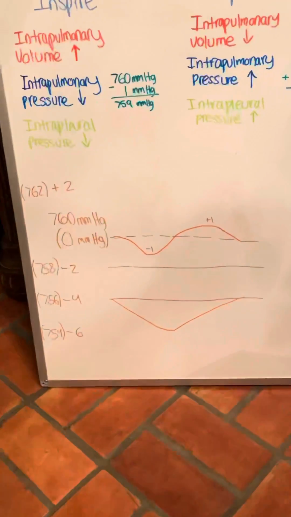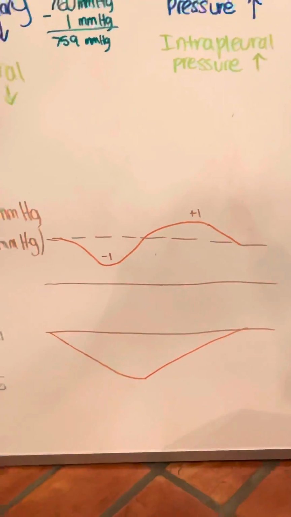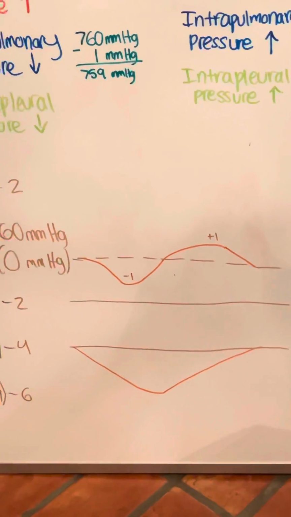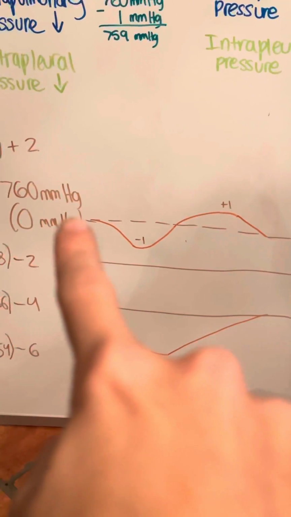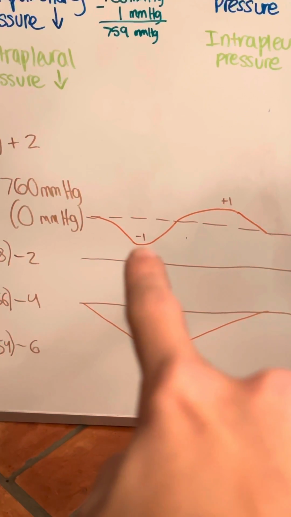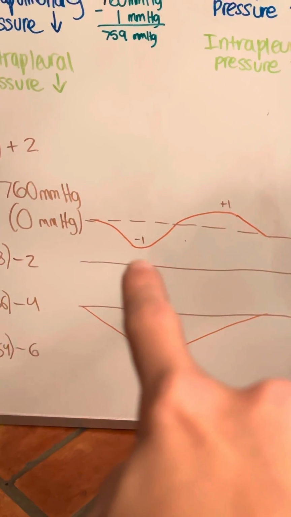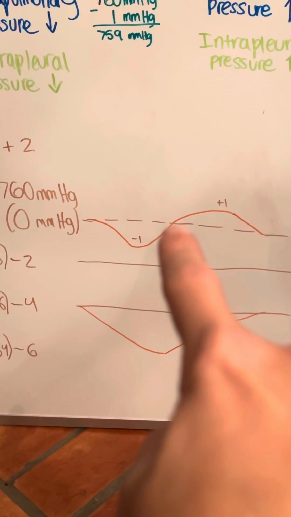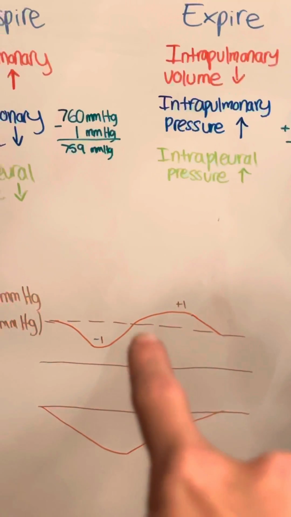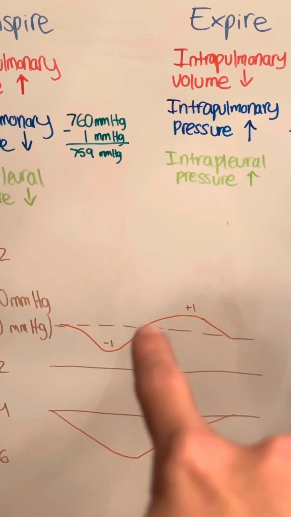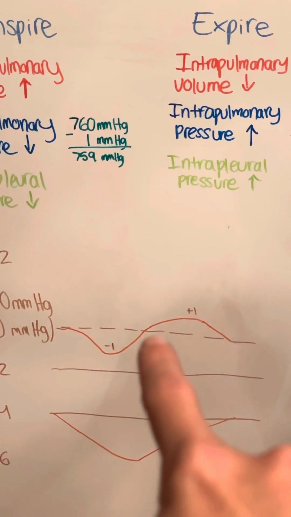Okay, so look at this line. This line right here specifically, intrapulmonary pressure. You are inspiring, okay, -1. You've hit your climax of inspiring, you're about to expire, but you get back to 0, 760, because it's an open system. We have to remain at equilibrium as constant as possible.